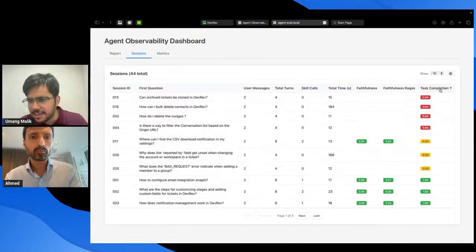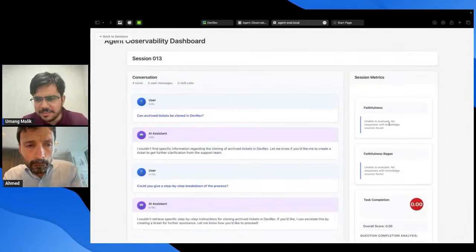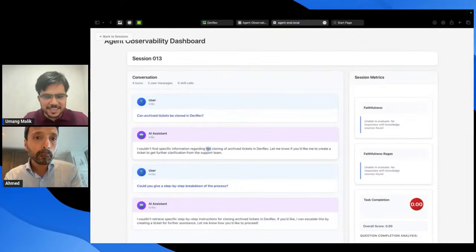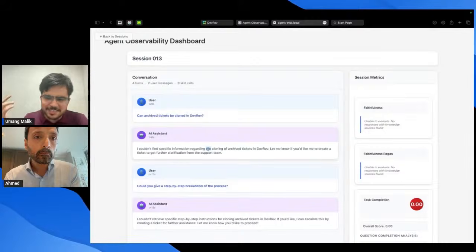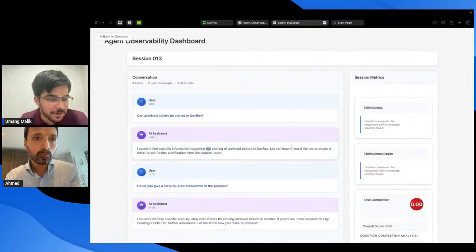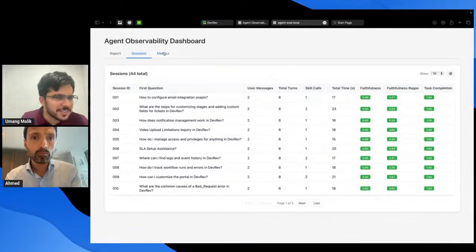And similarly, there can be bad examples, like how can archive tickets be cloned? And over here we noticed that there are no skill calls. This model just rejected, but did not even call any skill. It's probably some bug in the prompt or just how that particular LLM model is behaving. So it received a zero score essentially.